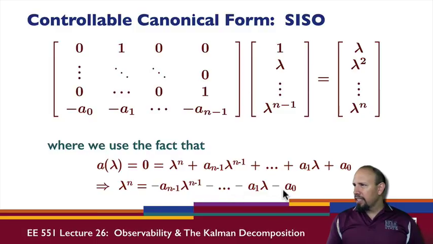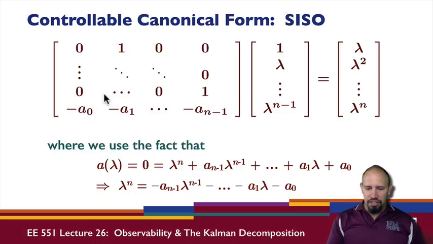Notice I get all these minus signs, minus the coefficients times the various powers of lambda, and that's exactly what you get when you multiply this row by this column. So notice that this now is equal to this, but this is exactly lambda times this. And so we see that this, in fact, is an eigenvector of the matrix A. Okay, so we have that.